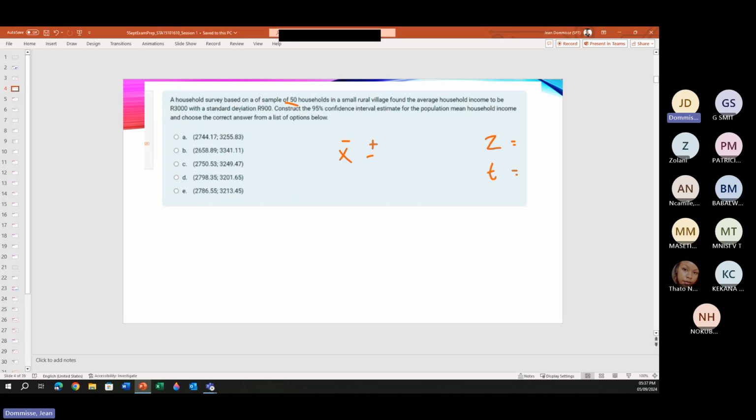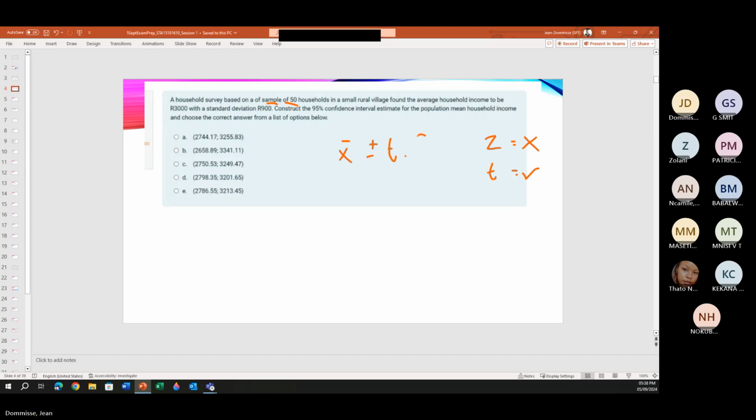A household survey based on a sample of 50 households found the average income to be 3,000 with a standard deviation. Okay, so they tell us the sample standard deviation. So we don't know what the population standard deviation is. So we need to work with the T.